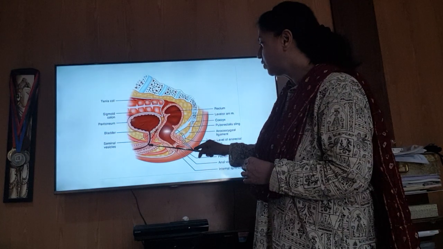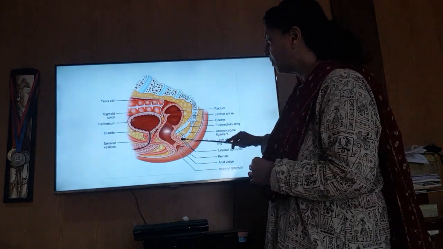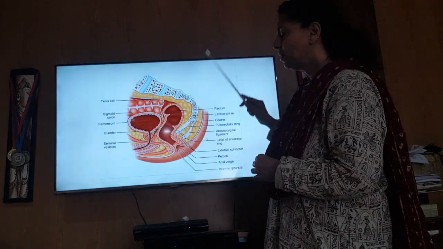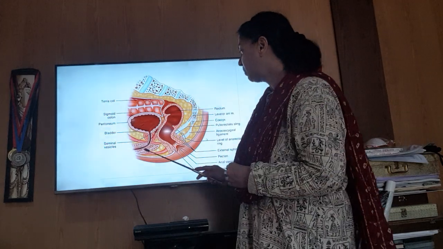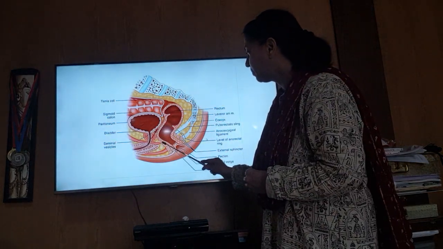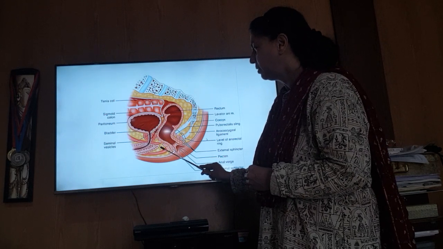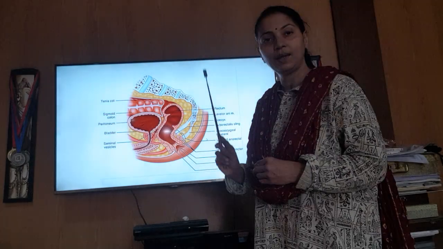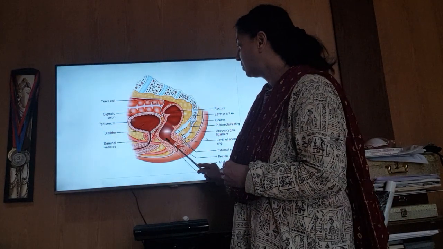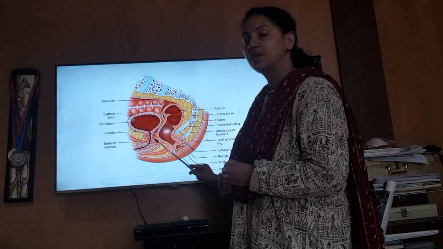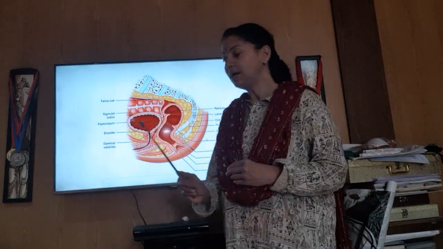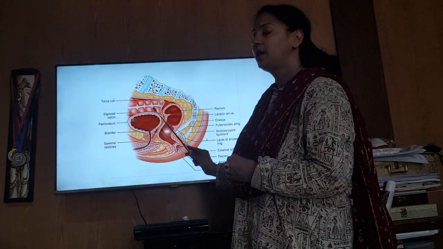The muscles which form the pelvic diaphragm are the main muscles, means levator ani and perineal body. Where is perineal body present? Somewhere here, means in front of anus and behind the urethra in males, but in females it is going to be between the posterior wall of vagina and anterior wall of anus.